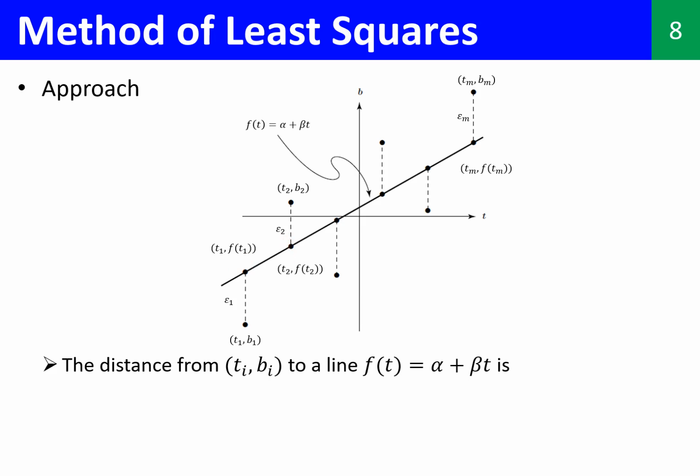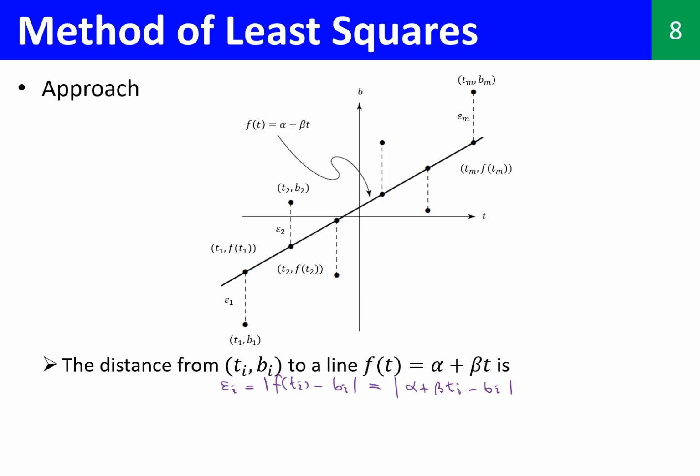So the error epsilon i for each instance would be the magnitude of f(ti) minus bi, which is equal to the magnitude of alpha plus beta ti minus bi. Got it?